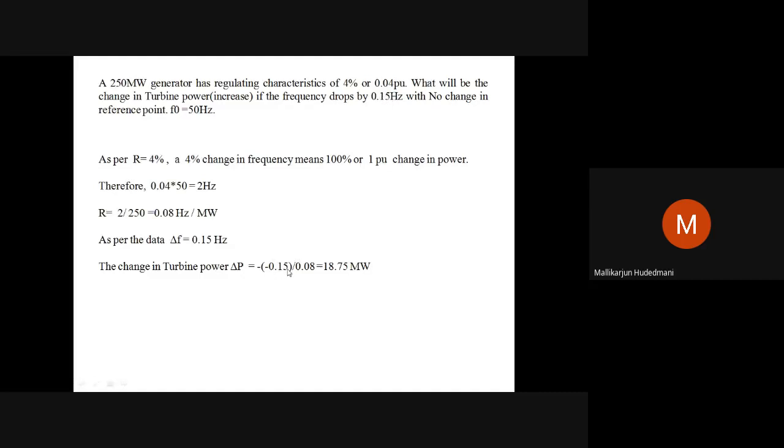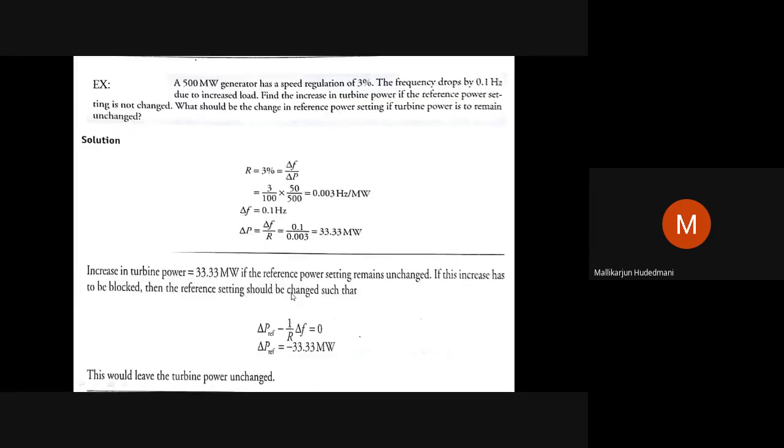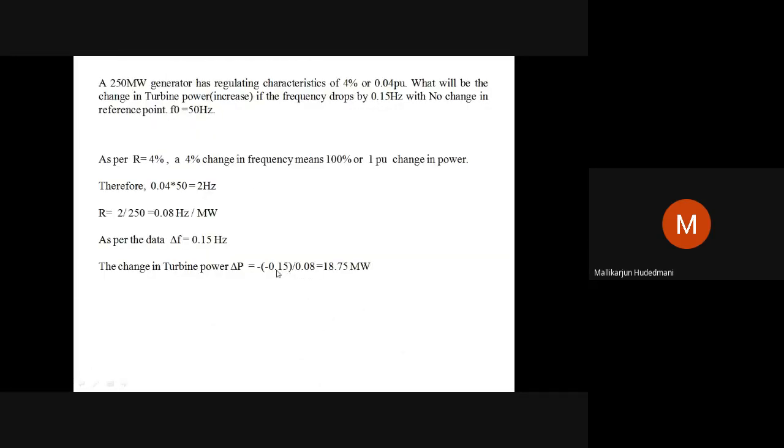Minus 0.15 divided by 0.08. There is already a minus in the droop characteristics, which was seen here. This will compute the change in turbine power as 18 point something.